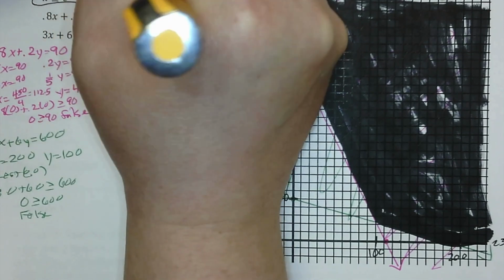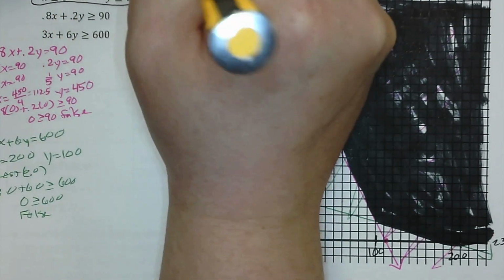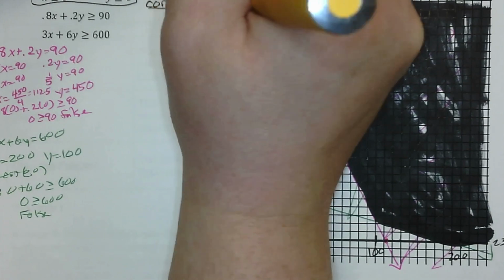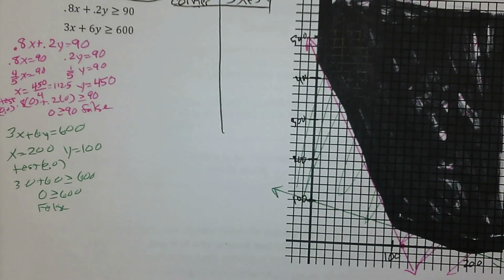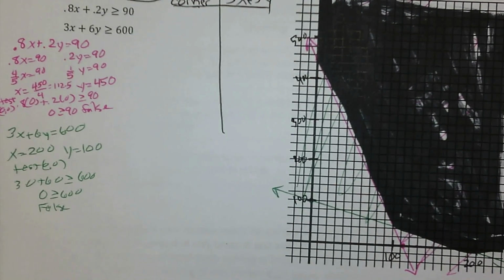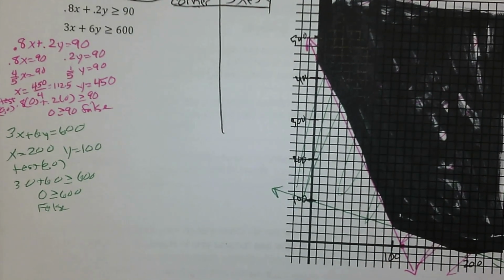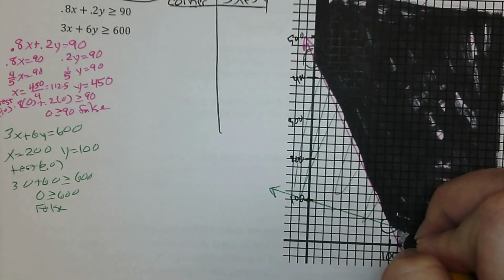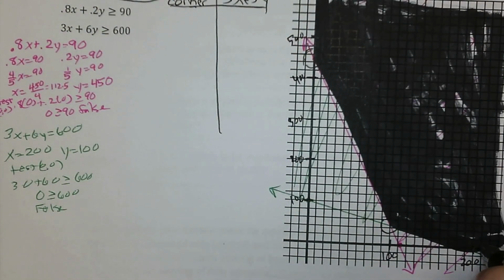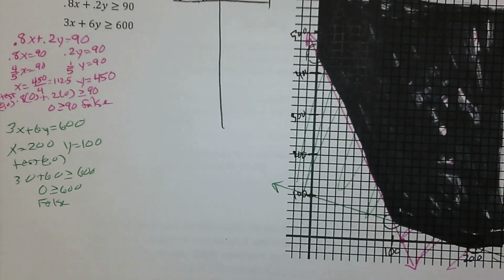So corner points, 3x plus 5y. Okay, so our corner points, some of them are a little, well, what do we have so far? We have 1 here, 2, and 3.